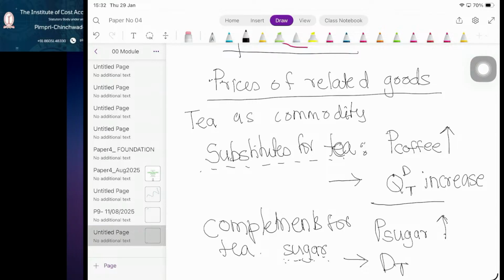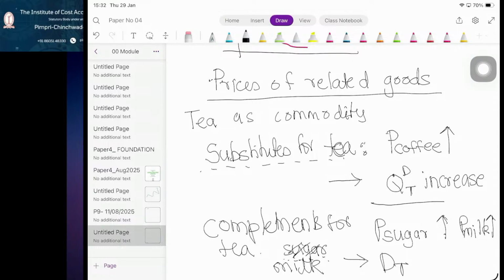The cost of sugar has gone up, so it's more costly now for you to drink tea. Or, if you are thinking about sugar in a very different way, think of milk. Most of us are drinking tea with milk, right? So if the price of milk goes up, what will happen? Will the demand for tea go up or down?